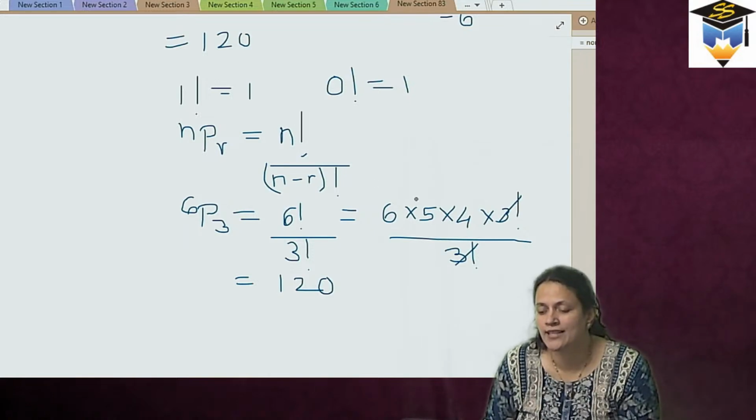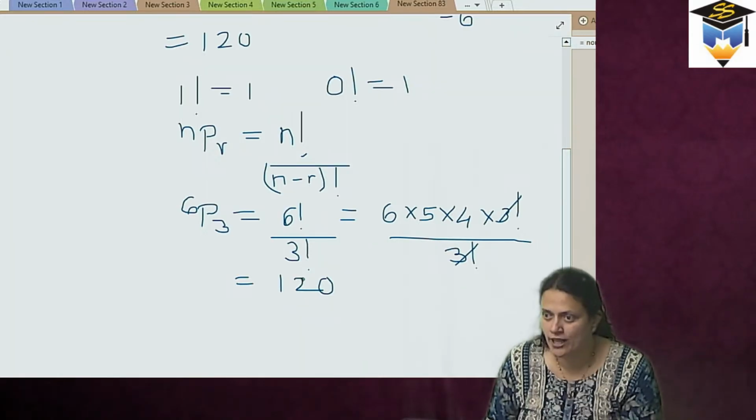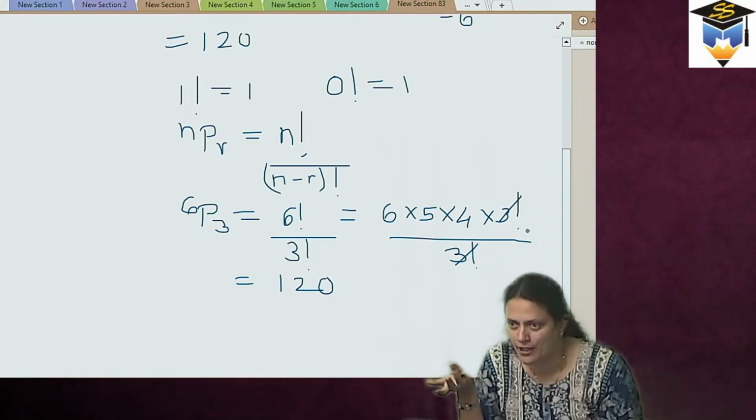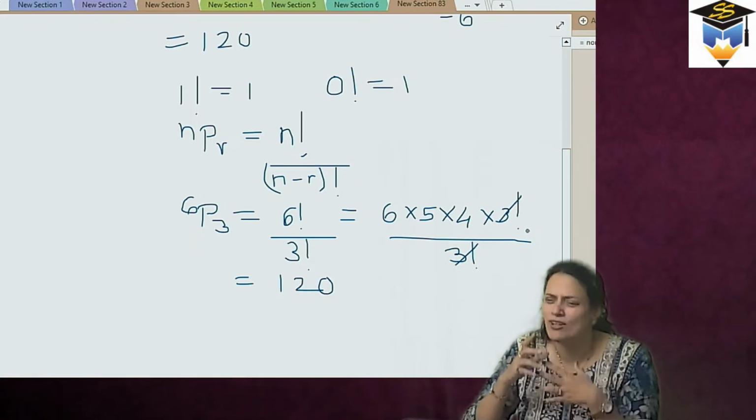Why here? Because 3 factorial is already present in the denominator. You know what is the value of 3 factorial, 6. If we find out the value, it will become a long process.